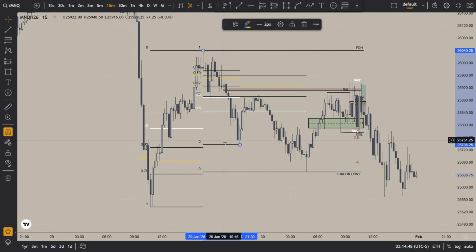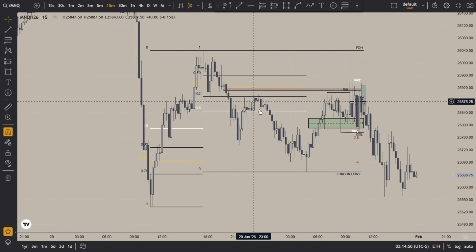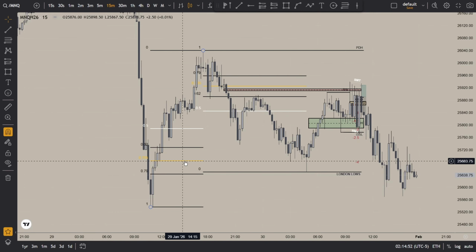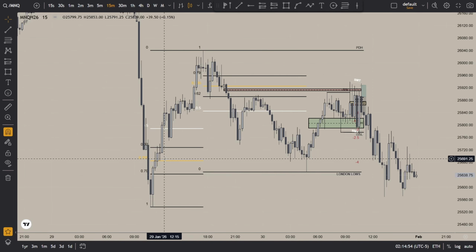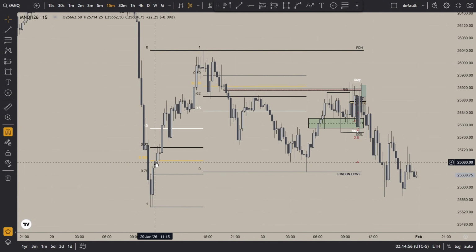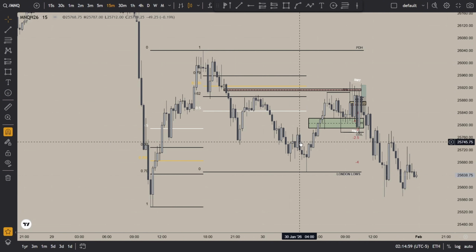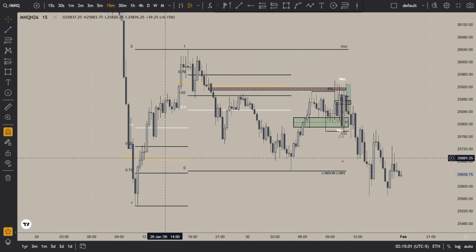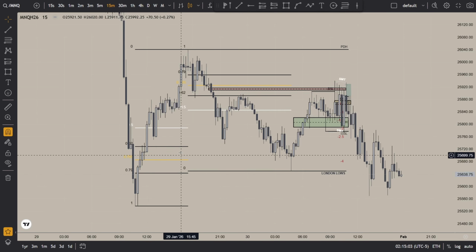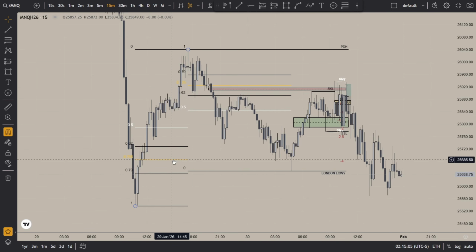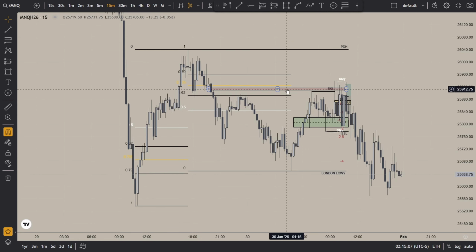So we tap OTE, come back, tap EQ, drop one more time lower, tap OTE. The fib tool, this is the golden zone for retail traders, but for us using ICT concepts, this is what we call OTE, a very manipulative area where you would expect a reversal, just like this in here, right?